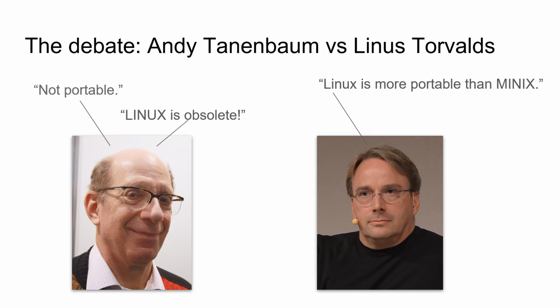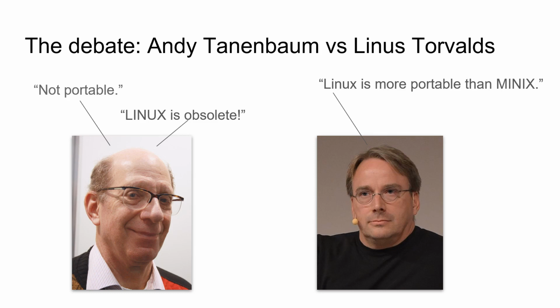Because the system was 386 specific and also monolithic, this prompted Andy Tanenbaum to respond. He said, look, you shouldn't make your system specific to a particular processor architecture. The AT386 is not going to be around forever. You've made your system non-portable.